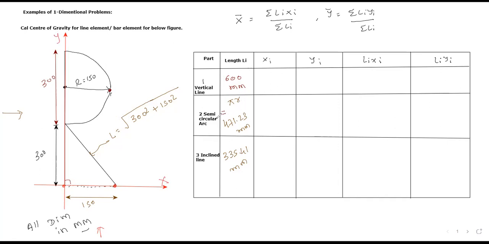Now we are interested to calculate the center of gravity with respect to this x and y axis. Now tell me, for part number 1, vertical line, what is xi and what is yi? Tell me what x and y will be for part number 1.